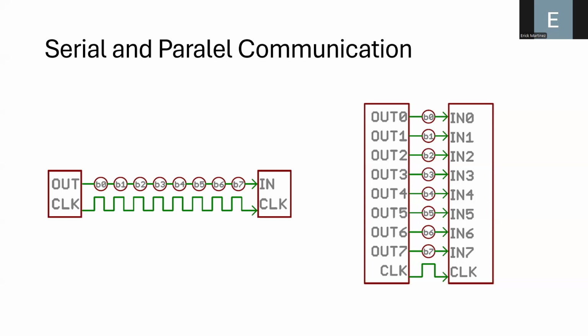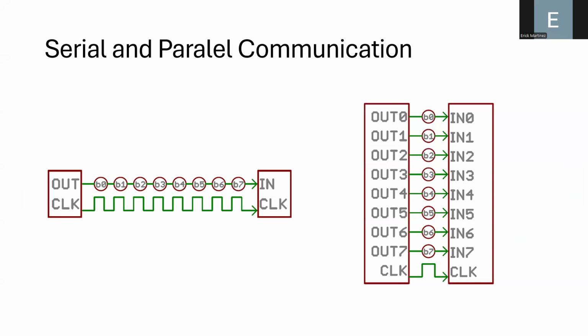You can have serial communication, where you transfer the bits of information one by one, or you can use a parallel communication in which you have multiple connections for the different bits, and you can transfer the information in parallel. The disadvantage of parallel communication is that you occupy more space, but it is faster. In serial communication, you reduce the space, but the transfer of information is slower.